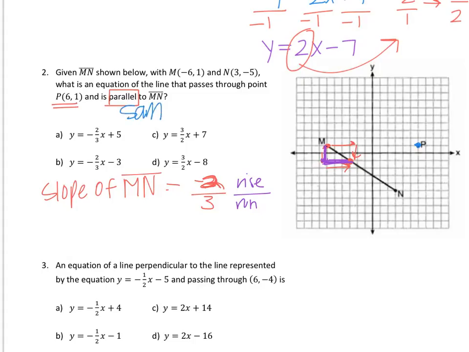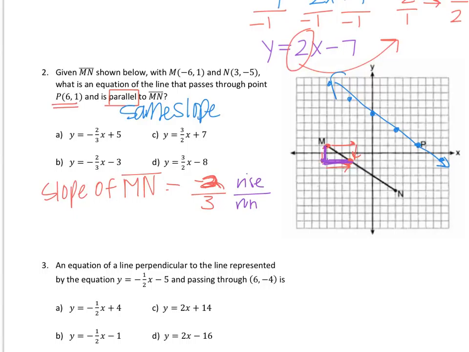Parallel means same slope. So we go down 2 over 3, plot the point. But now if I go backwards, I want to go up 2 to the left 3. Up 2 to the left 3. Keep doing that until we don't have space on our graph. And we connect.